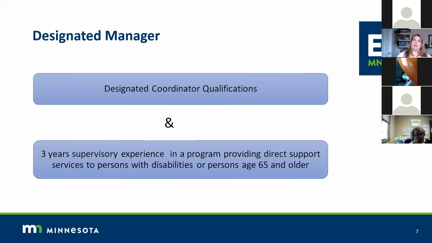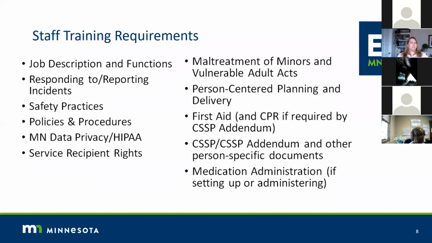It really is based on how many people you're supporting and serving, and how much oversight and support is needed around that. So those are the pieces around the designated coordinator and designated manager. Hopefully with all of the options, within your organization you'd have someone that would meet those standards.